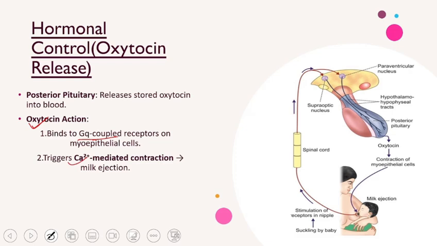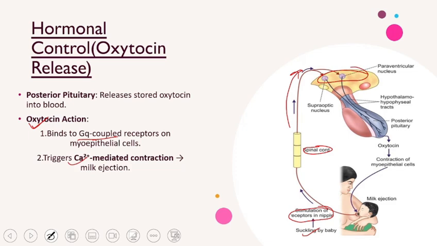You can see here the suckling of the baby sends the stimulus through stimulation of the mechanoreceptors present in the nipple, and that goes through the spinal cord T4 to T6, then reaches the brainstem, and then stimulates the supraoptic nucleus and paraventricular nucleus present in the hypothalamus.